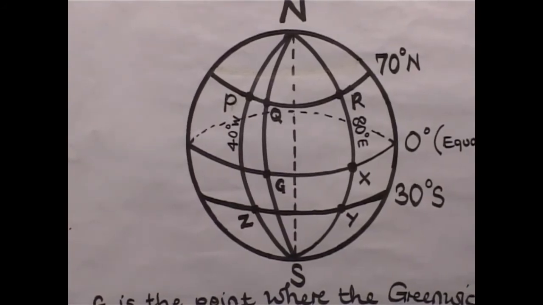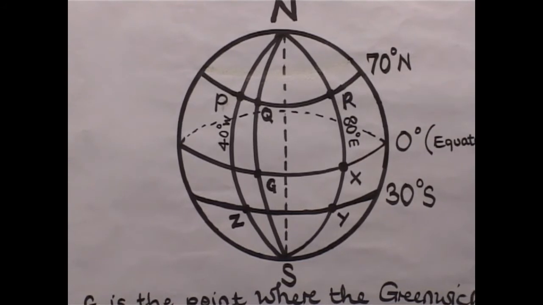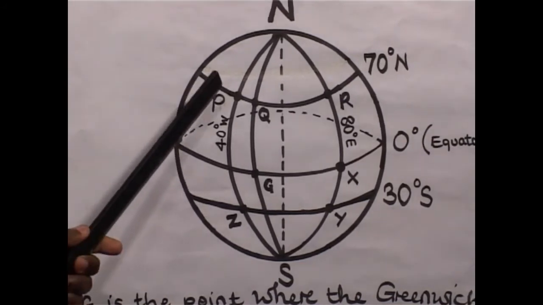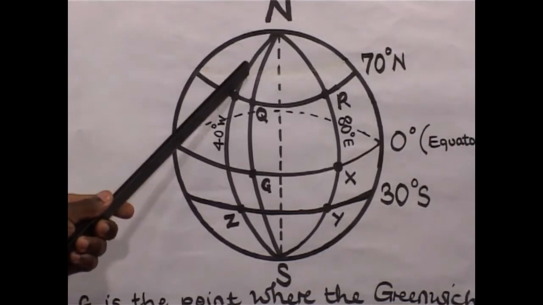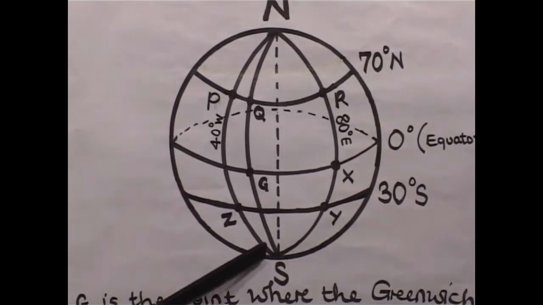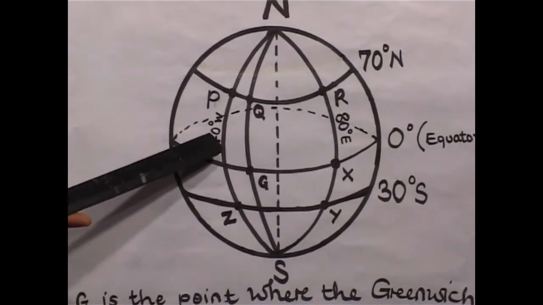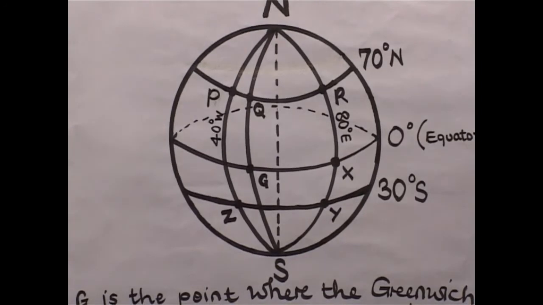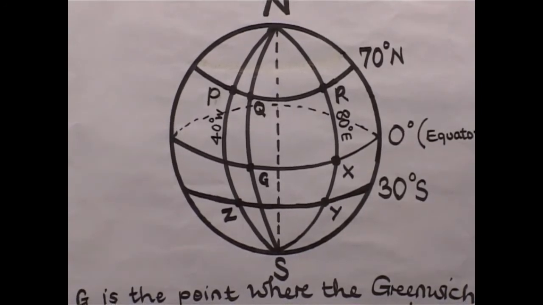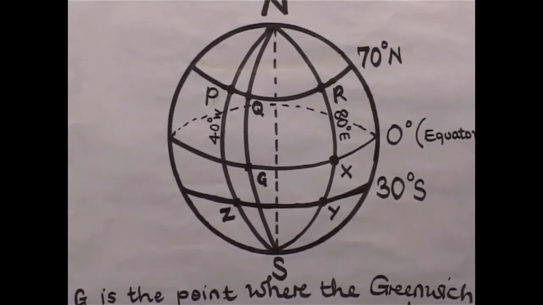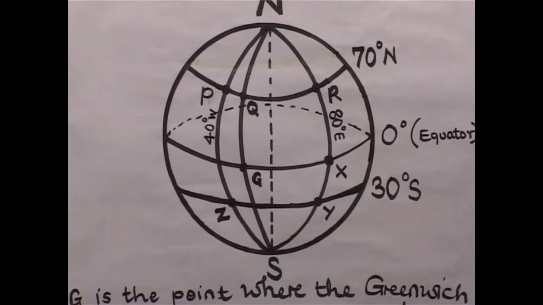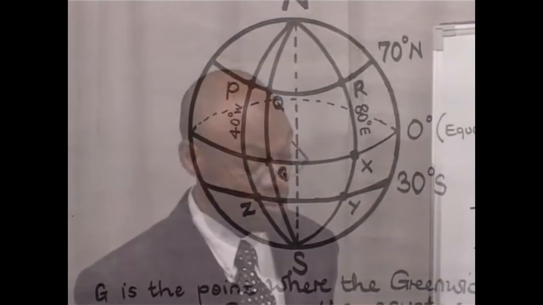Then the next thing is to look at its longitude. The same point P lies on longitude 40 degrees west. Therefore this is the position of the point P on the Earth's surface.